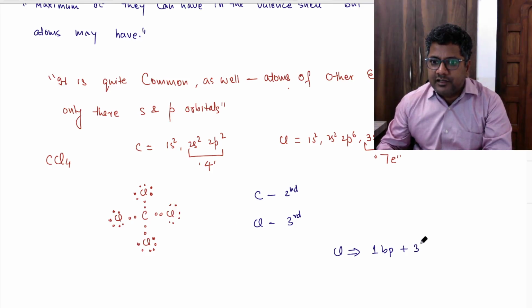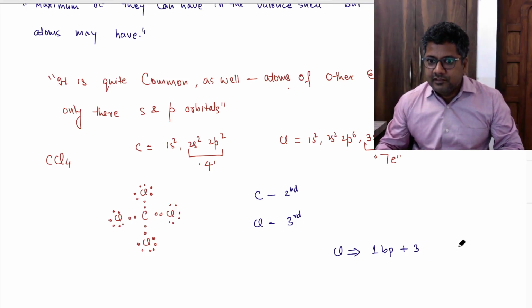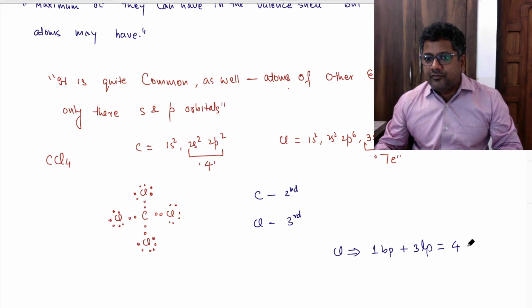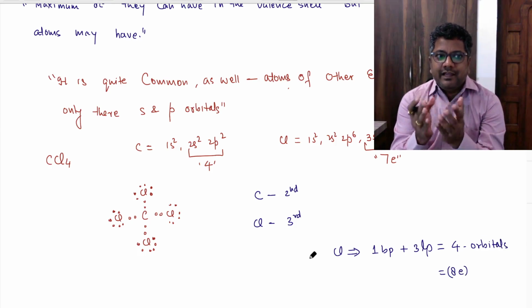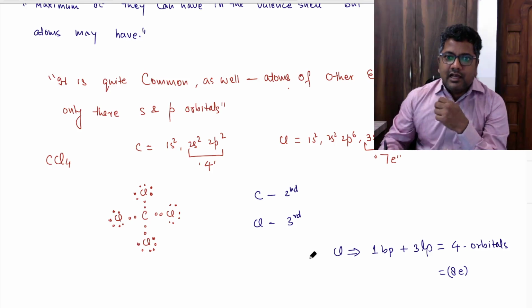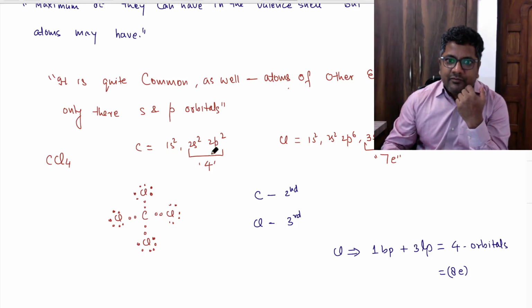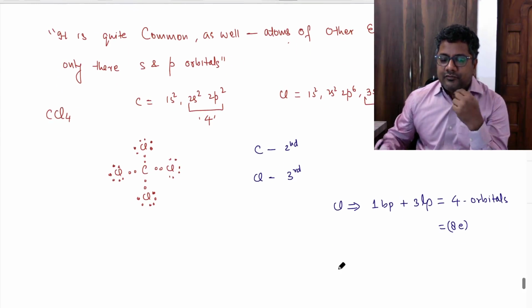So 3 lone pairs plus 1 bond pair is equal to 4 orbitals, and this is equal to maximum 8 electrons. So here chlorine also accommodates 8 electrons in the valence shell, and carbon obviously has 4 electrons and shares with 4, so total 4, 4, 8.